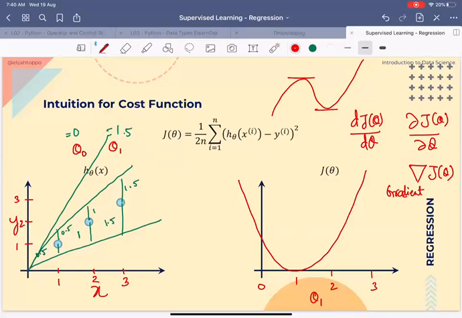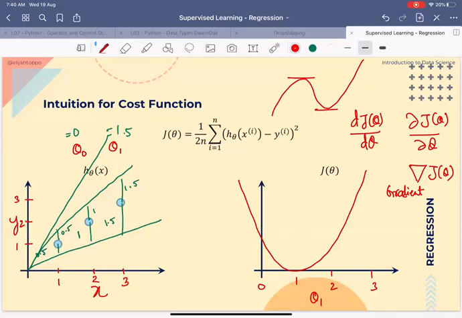Okay, so we have probably seen this, right? Gradient. So gradient is basically partial derivatives in different directions. That gives me the direction in which I will increase or reduce the value of J.